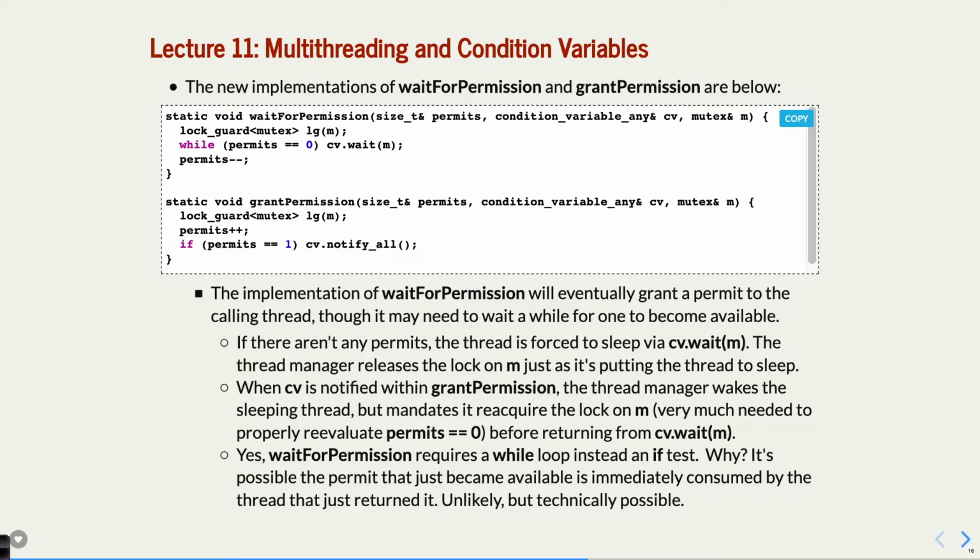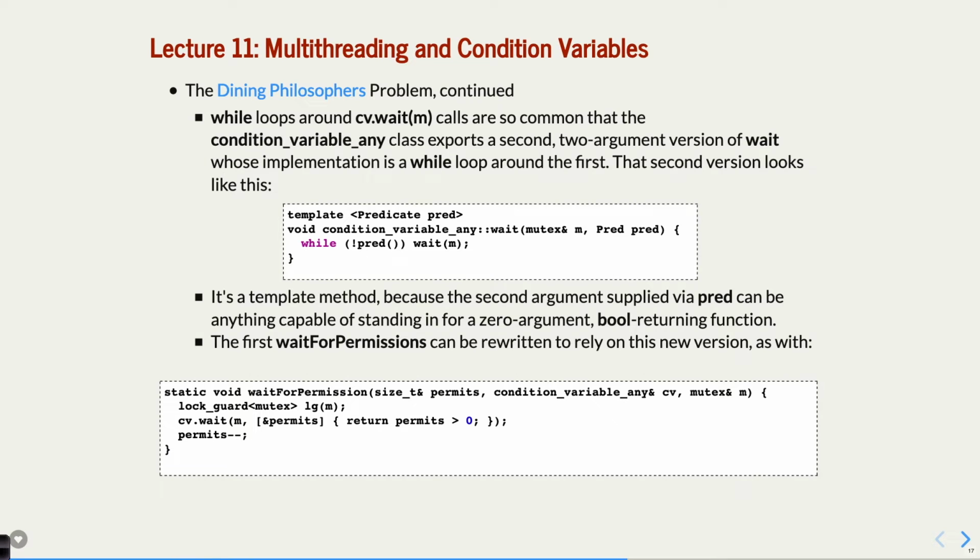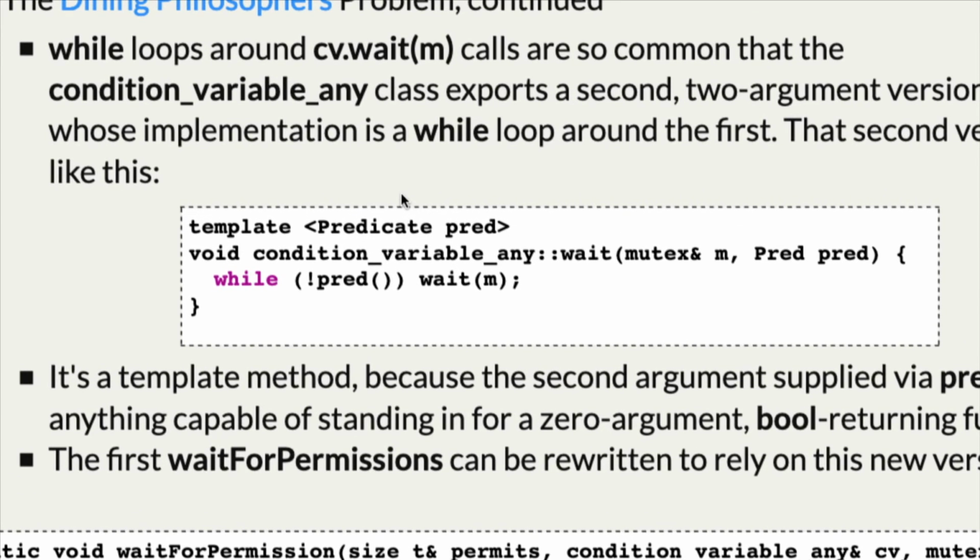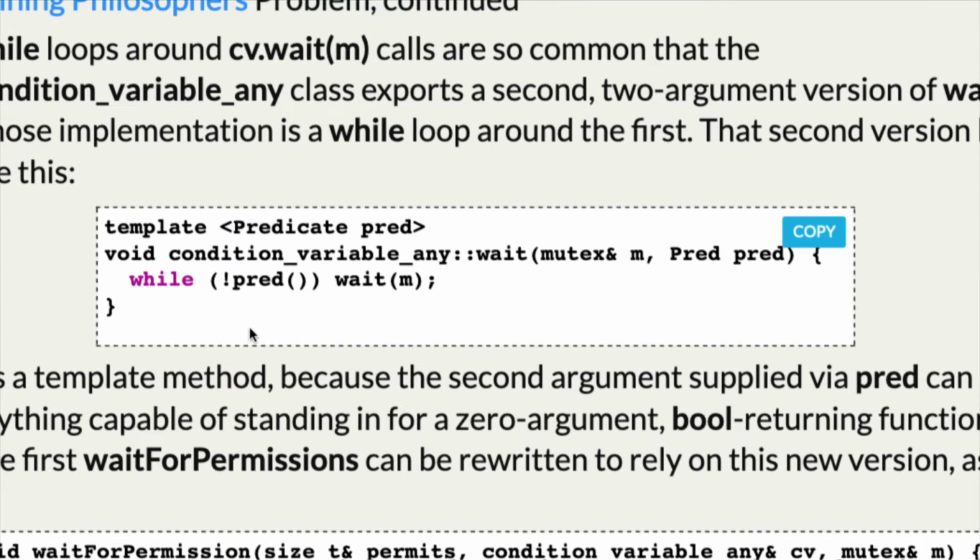Okay. So let's see. We talked about all of this with acquiring the lock. Like I said, because this is such a common thing to do, we have it built in such that it looks like this. It's actually a templated function, which basically means that you don't know exactly what the type is going to be, but that's okay. Here's what you do.